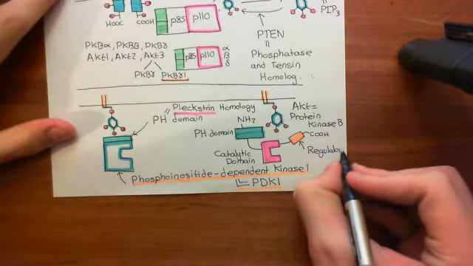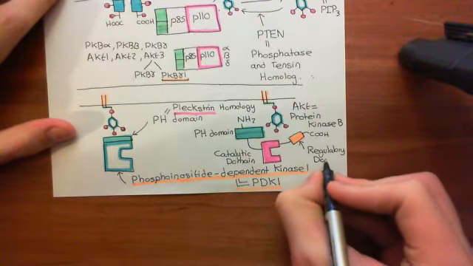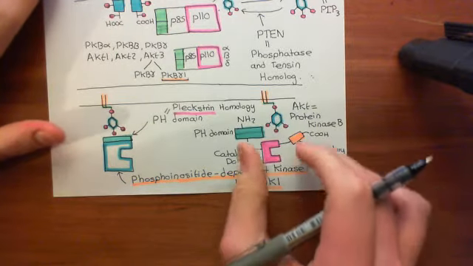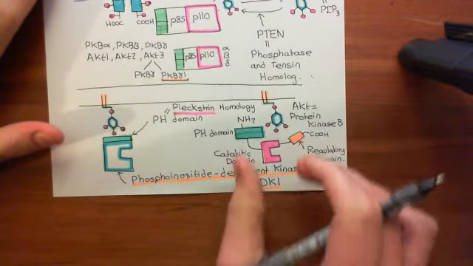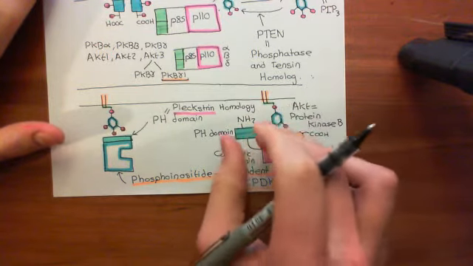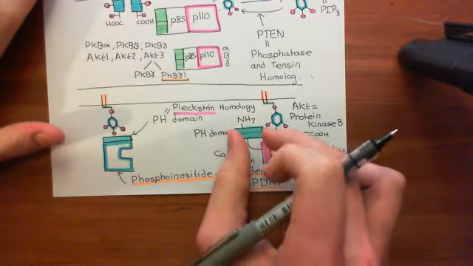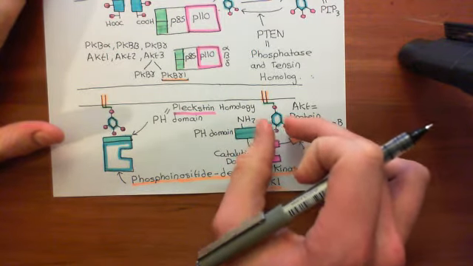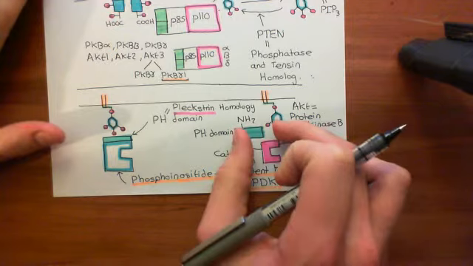Right, so how do you then activate protein kinase B enzymes? Well, they translocate from the cytoplasm up to the underside of the phospholipid bilayer via the binding of their plextrin homology domain to the PIP3 molecules. But that's not going to result in their activation.